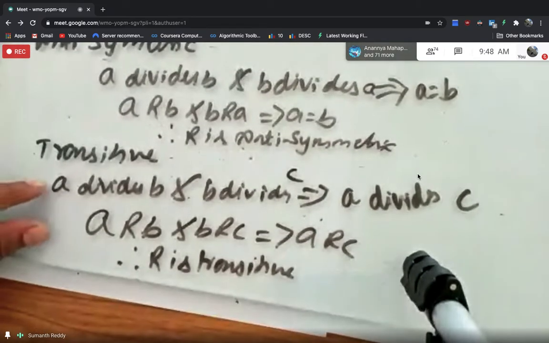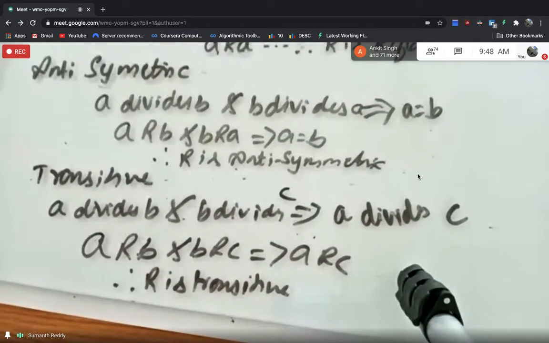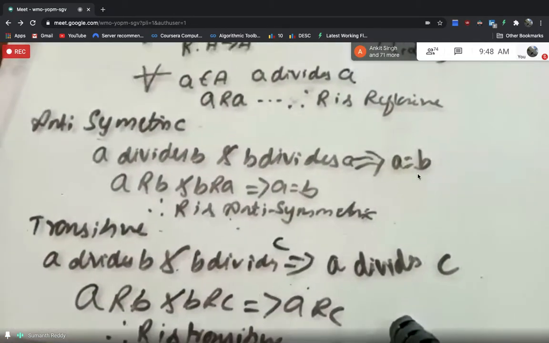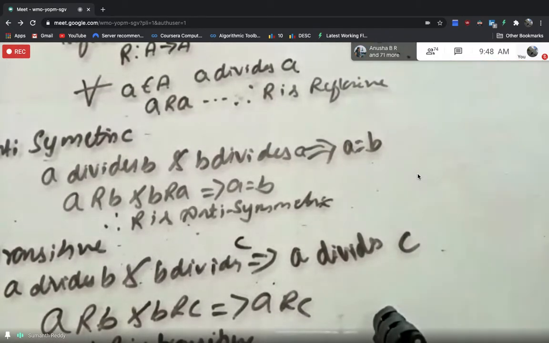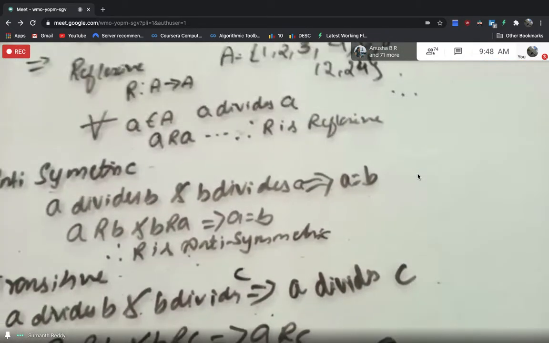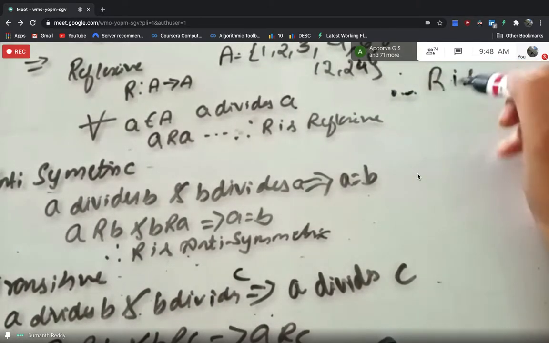And the transitive property tells that if A divides B and B divides C, then A divides C. So I have checked all these three properties. Since it satisfies all three properties, I can clearly conclude that the relation R is a partial order.